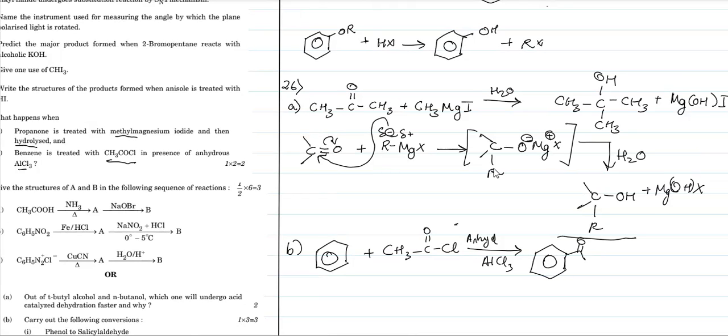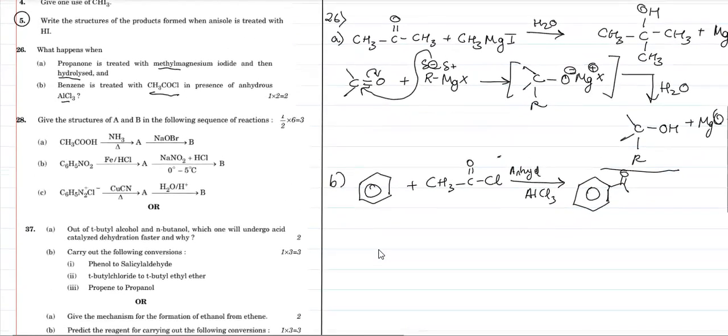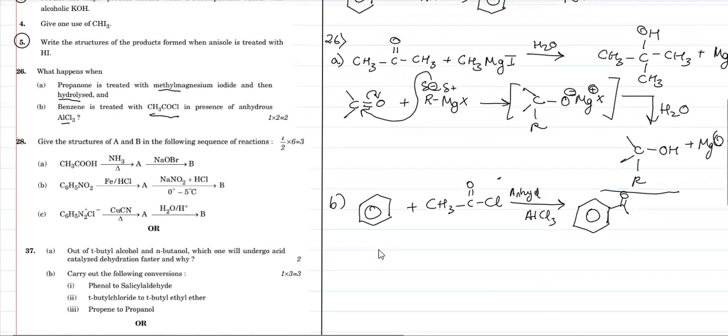This is in the chapter aldehydes, ketones, and carboxylic acids, under the preparation of ketones from benzene or substituted benzene, which is a Friedel-Crafts reaction, and specifically an acylation reaction.